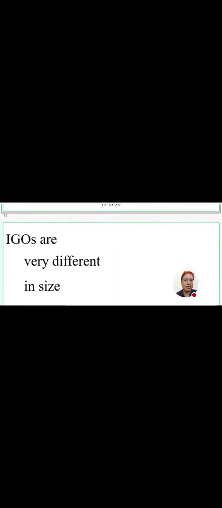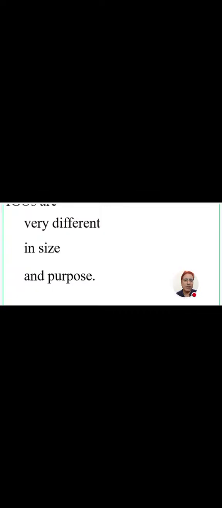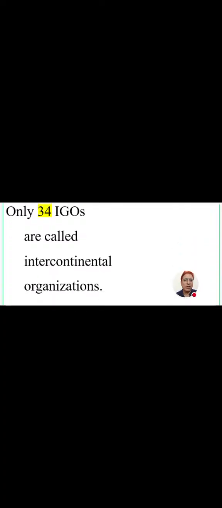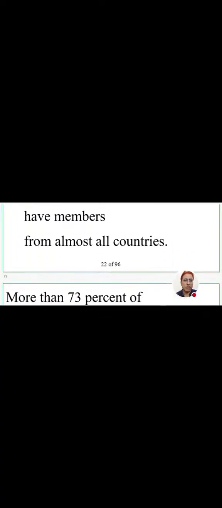IGOs are very different in size and they are also different by purpose. There are only 34 intergovernmental organizations which are called intercontinental organizations. And there are only 36 intergovernmental organizations like the United Nations, which have members from almost all countries.